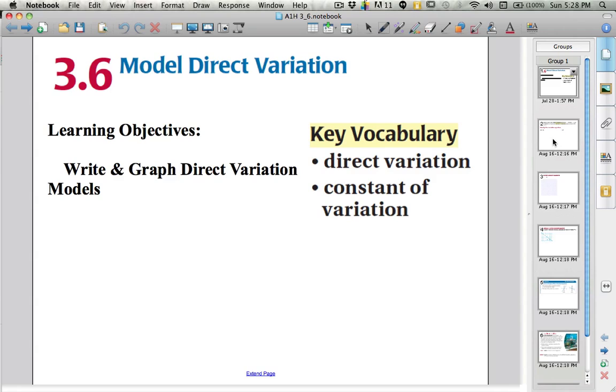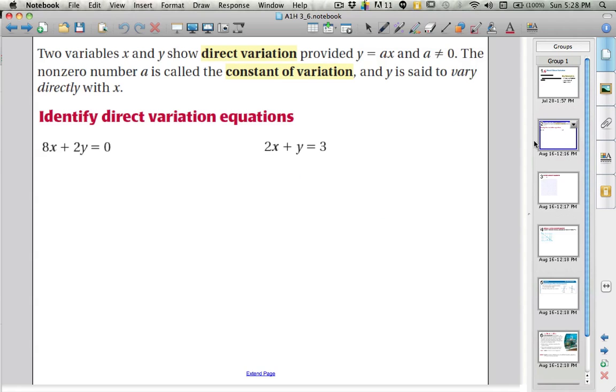What does that mean? When we take a look at direct variation, it is a relationship between two variables x and y in this format: y is equal to a times x. You might also see it written as y is equal to k times x.